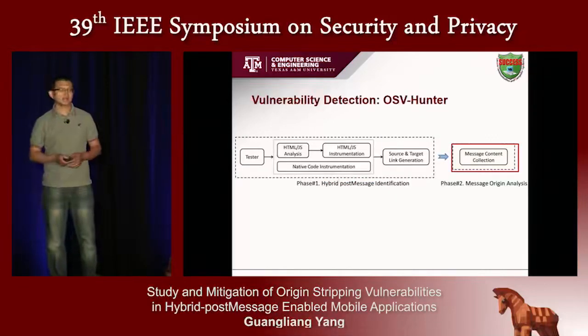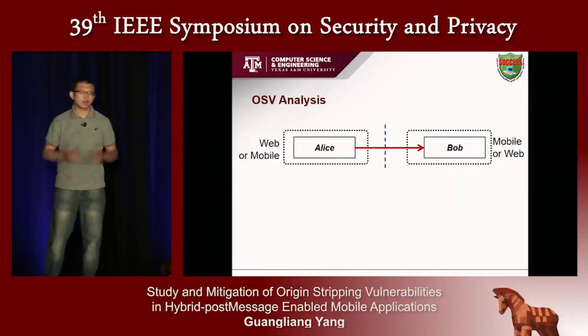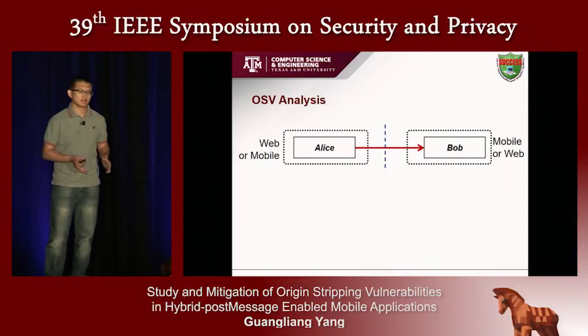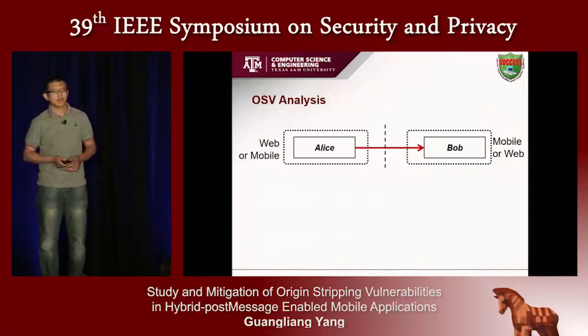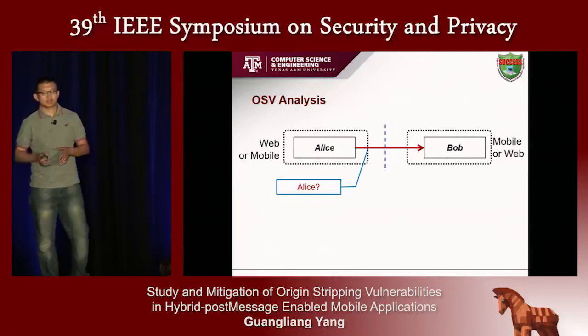In the second step, OSV Hunter will collect all messages between message senders and message receivers and check their origins. If the origin information is not included or carried, there may be a vulnerability.